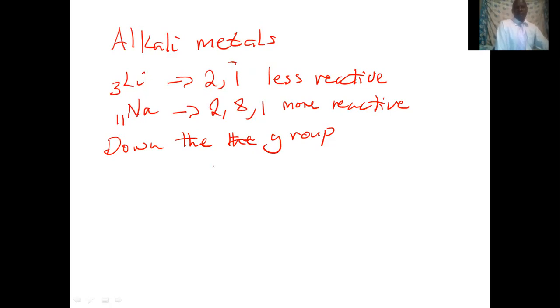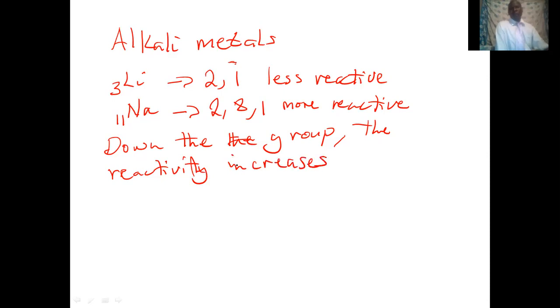And therefore, the trend will be such that down the group, reactivity increases. It increases as you go down the group because, as we have indicated, the atomic number increases as you go down the group.